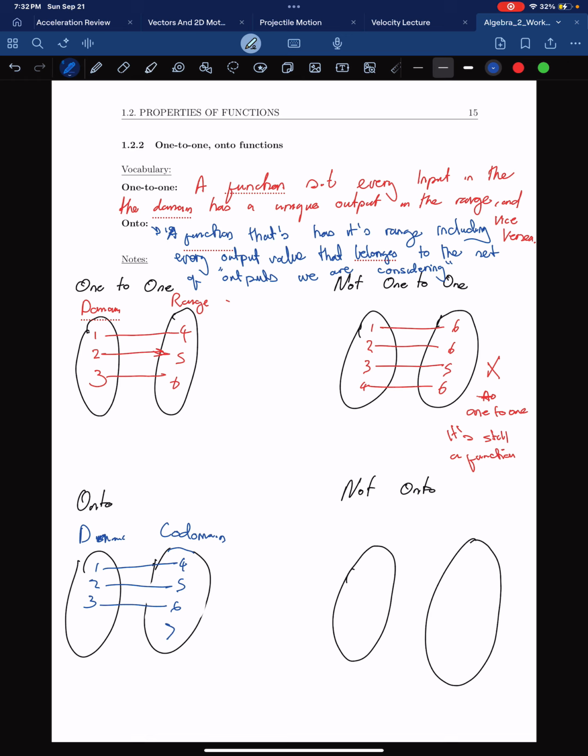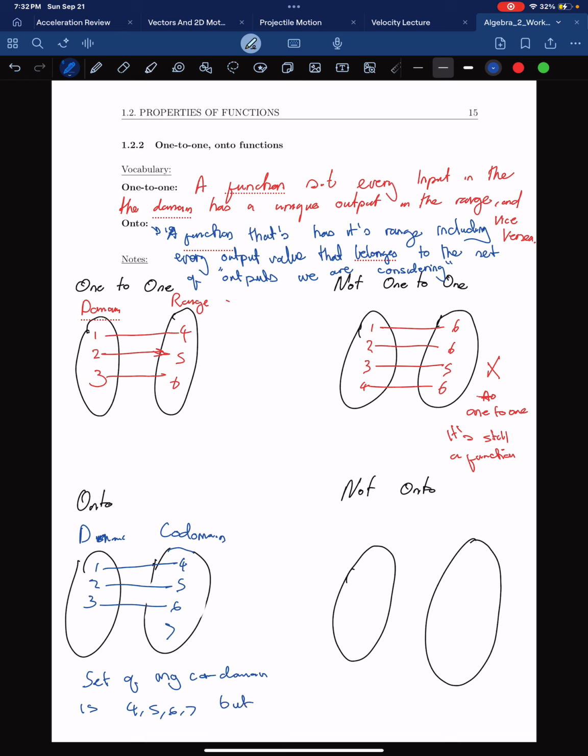So the set of my codomain is 4, 5, 6, 7.